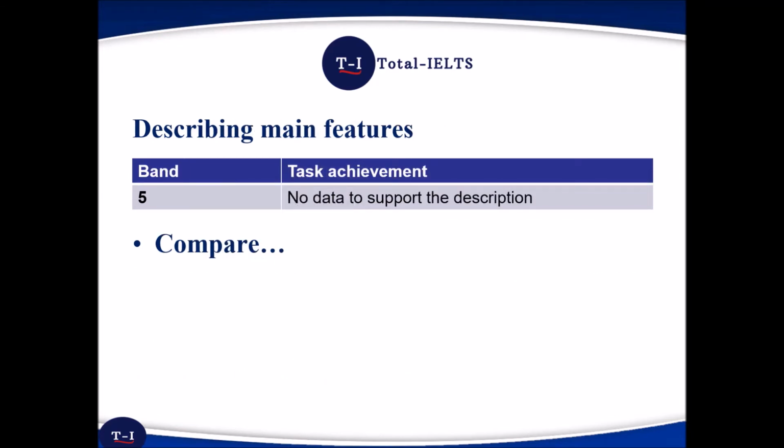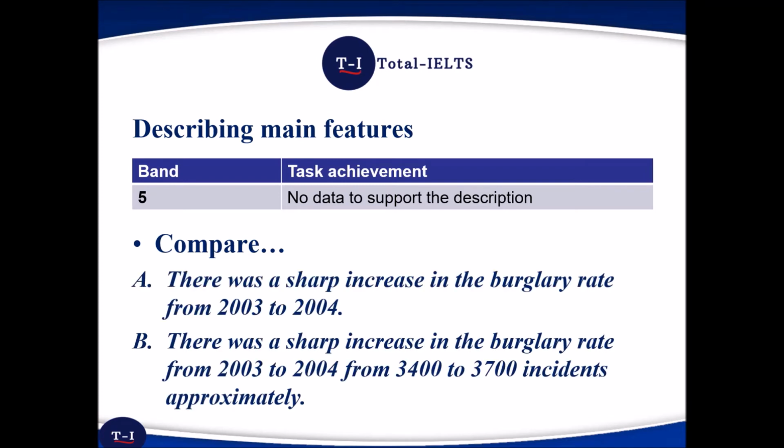Band 5 is also awarded in task achievement for no data to support the description. Compare these two sentences. A says there was a sharp increase in the burglary rate from 2003 to 2004.